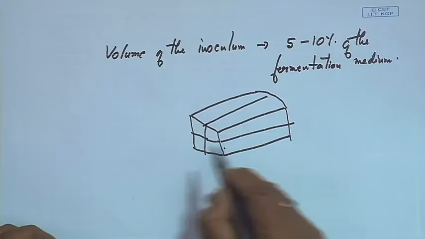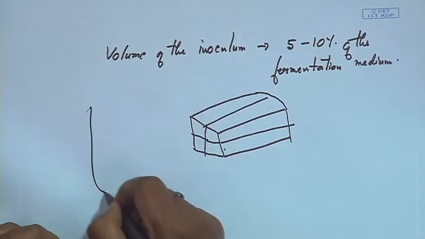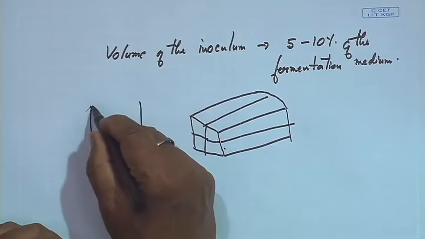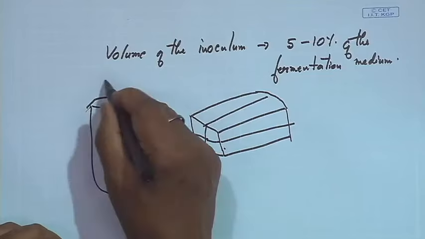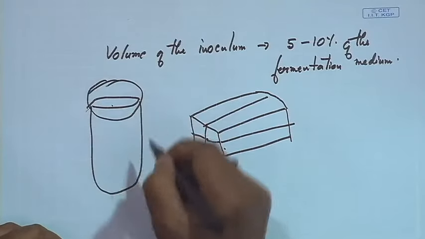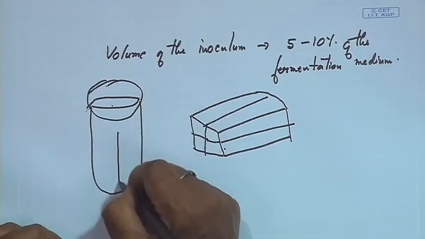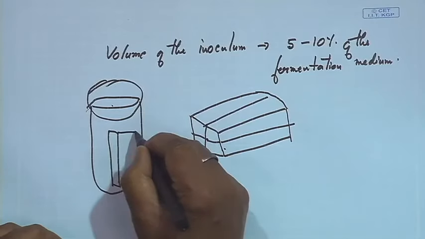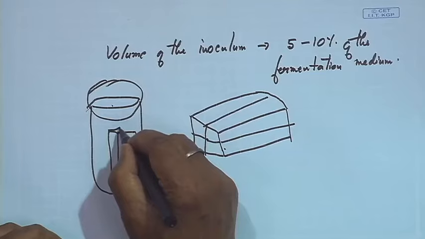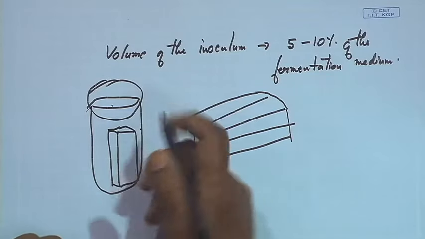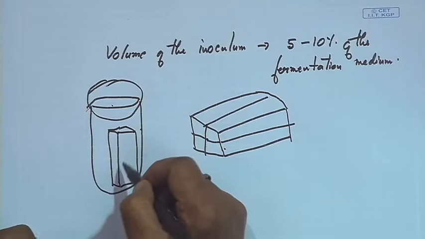Then the test tube has a cotton plug at the mouth. Here we put this bread, and then we inoculate the organism here.